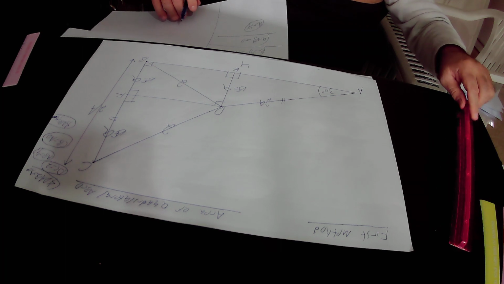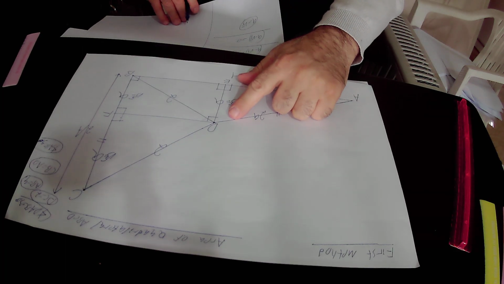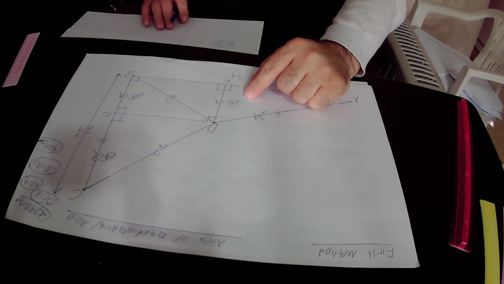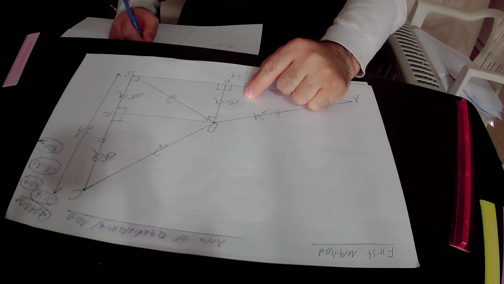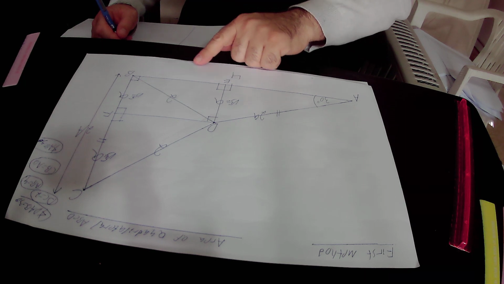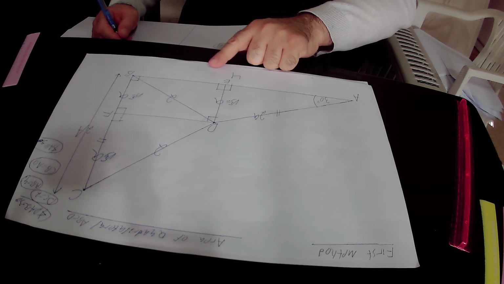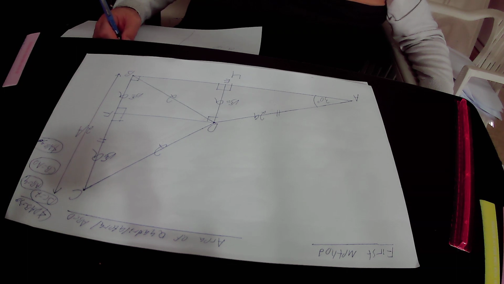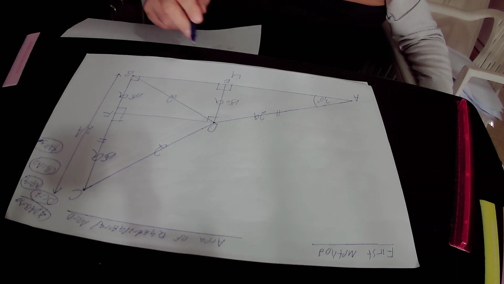So DE equals square root of 3. Therefore, DE square is square root of 3 squared, which is 3. Plus EB square. EB is the missing variable, so we leave it as it is. EB square equals DB square.